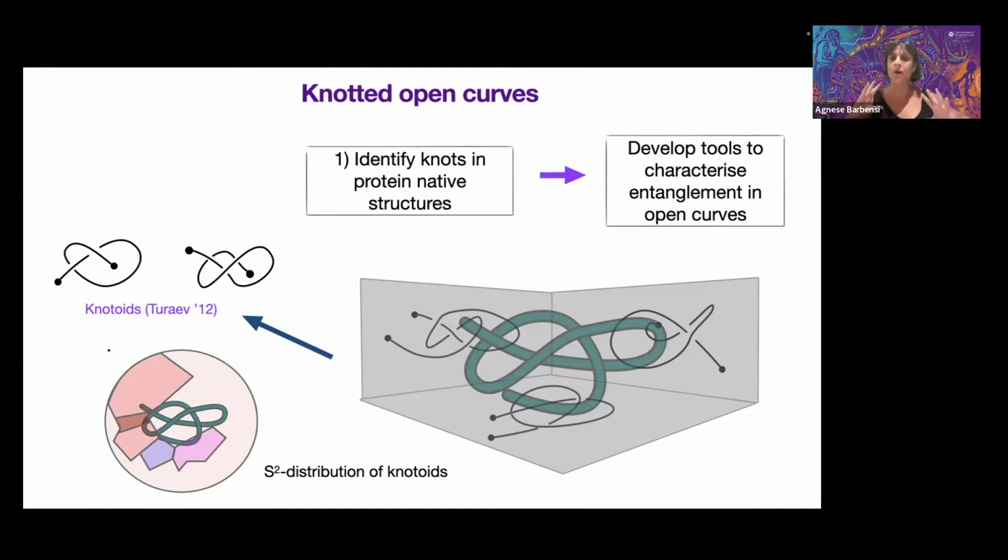And if one considers all the possible S2 many projections, they end up with an S2 distribution of notoids that can be taken as a topological descriptor of the initial spatial curve. This way of characterizing entanglement in open curves is one of the tools we're going to use today.